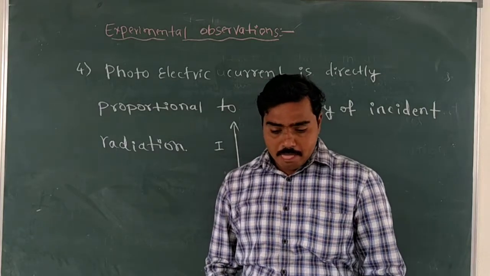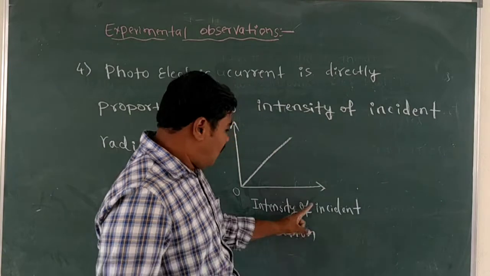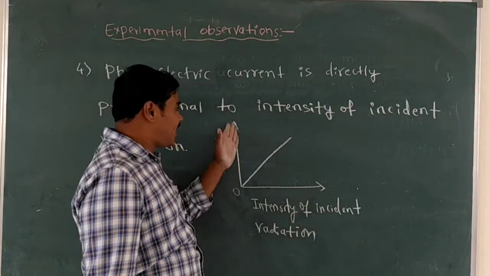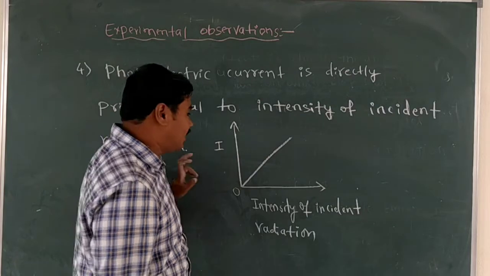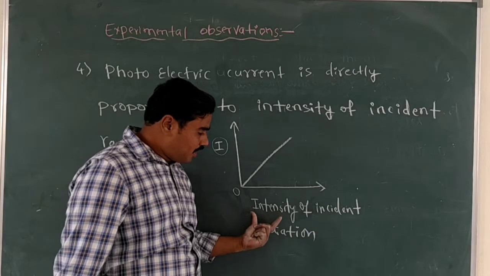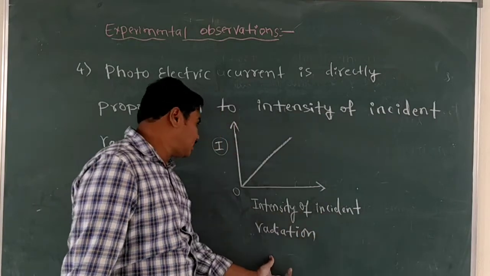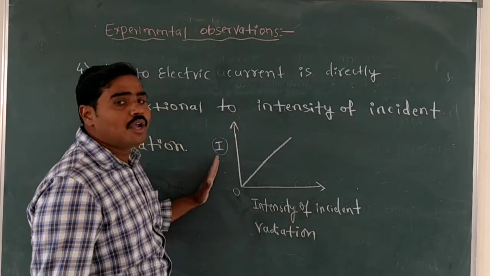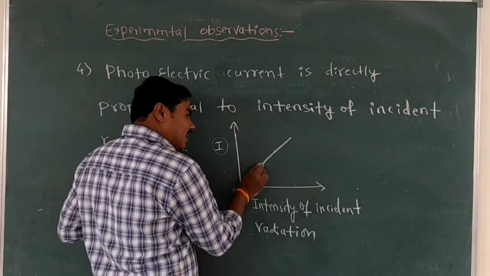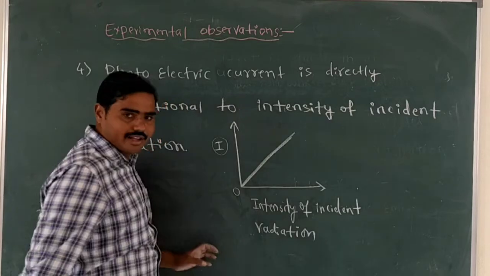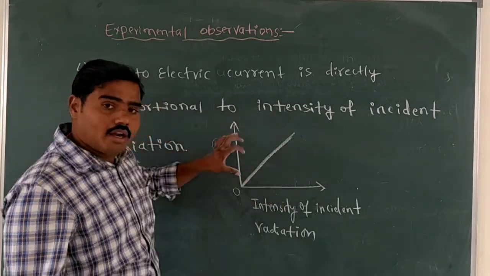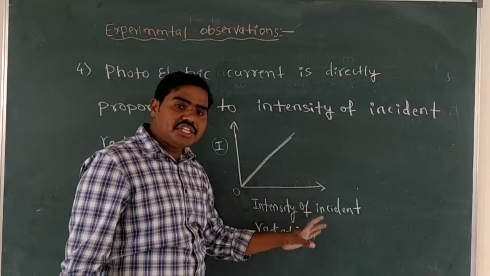Along the x-axis I am considering the intensity of incident radiation and on the y-axis the photoelectric current, denoted by the symbol I. When the intensity of incident radiation increases, the current in the circuit also increases. We obtain a linear graph, which indicates that the two are directly proportional to each other.